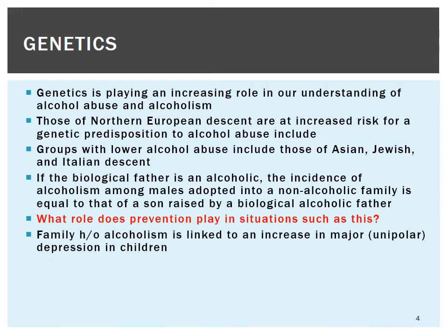A family history of alcoholism is linked to an increase in major depression in children. I mentioned in one of the previous lectures that there seems to be an association between depression and alcoholism, and here we see how that plays out not only in the individual who's the alcoholic, but in the home environment. Think about the home environment where there's an alcoholic.